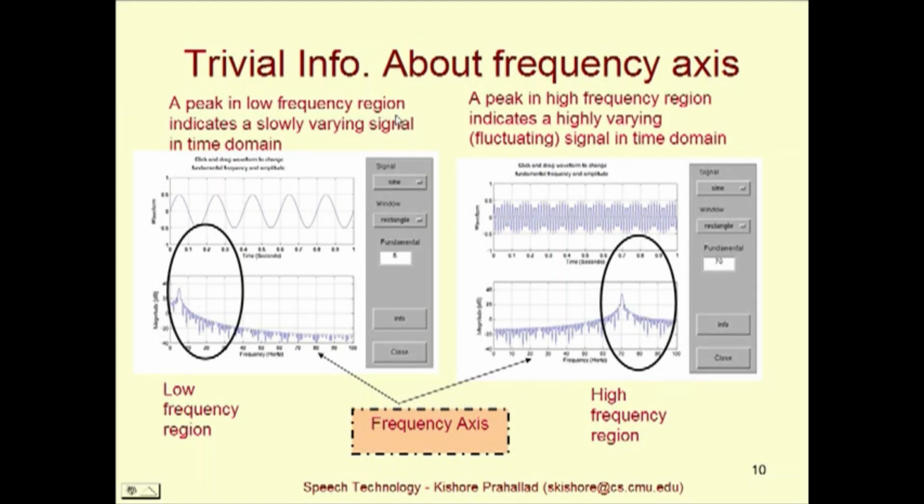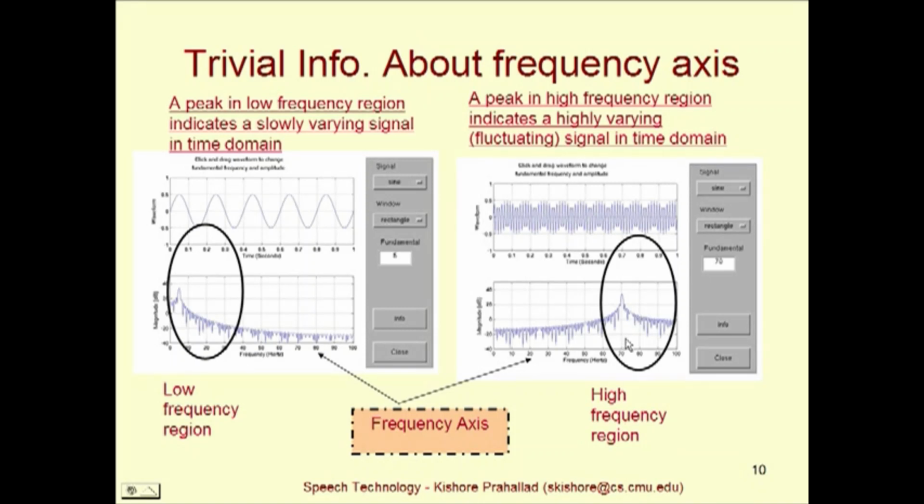A peak in the low frequency region indicates a slow varying signal in the time domain. That means if you have a peak at 5 Hz, that shows that you have a 5 cycles per second signal in the time domain. When you compare these 5 cycles with 70 cycles, it is a slow varying signal. Similarly, a peak in the high frequency region indicates a highly varying or fluctuating signal in the time domain.